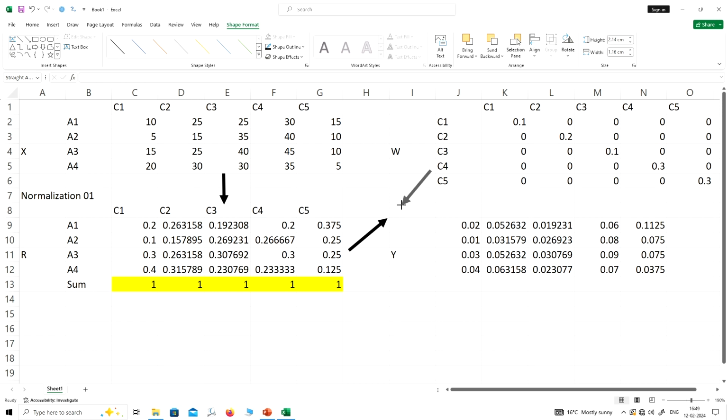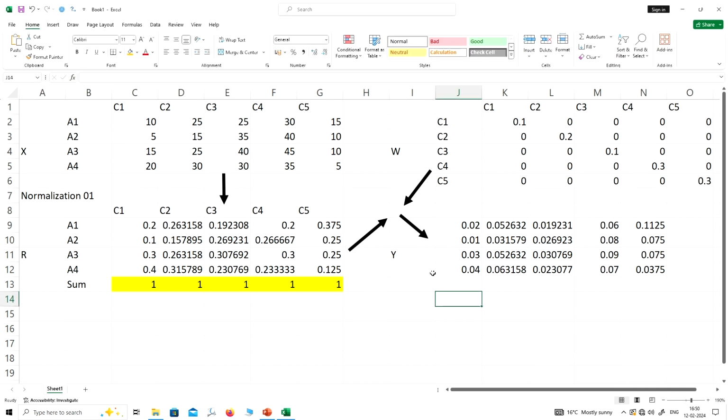The arrows here mean that we are multiplying, and we get the multiplicative matrix which is Y, and we will check the second step here.